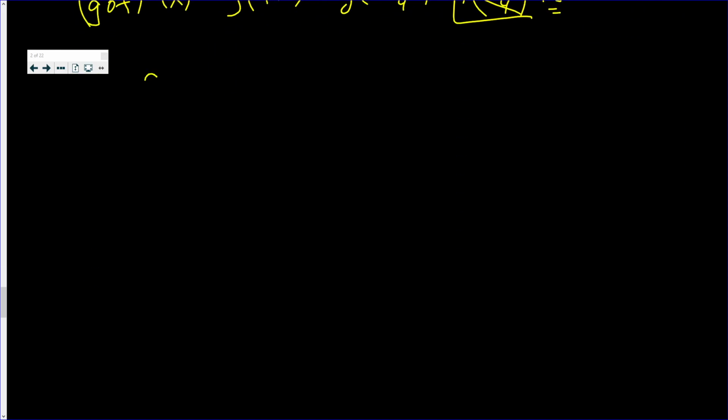Now, suppose I told you that f of x is x squared, and g of x is the square root of x. Now, are these inverses of one another? Well, let's see.